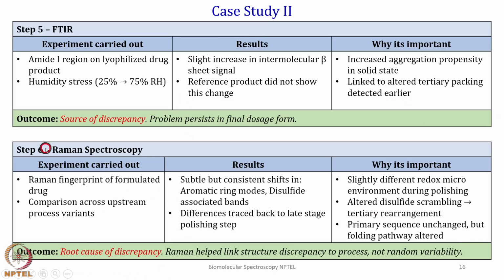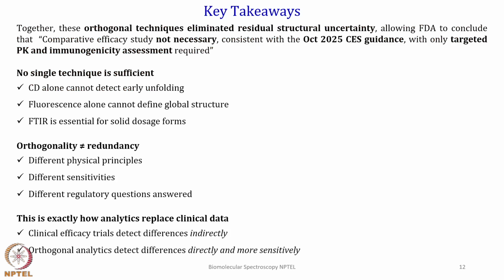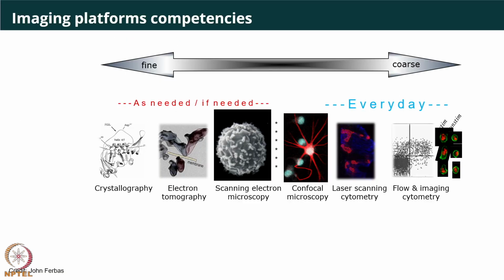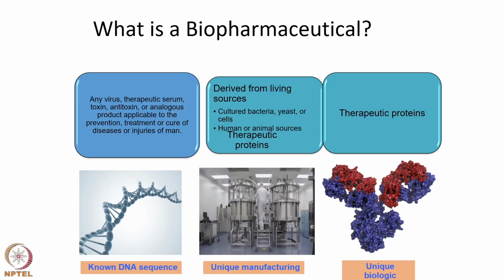So, the root cause of the discrepancy: what we found is that Raman can link the structural discrepancy to the process, not random variability. If there is a structural discrepancy coming from the purification stage, if you remember what we are doing here, we are purifying the protein somewhere here.